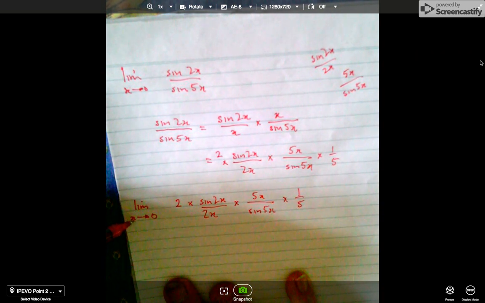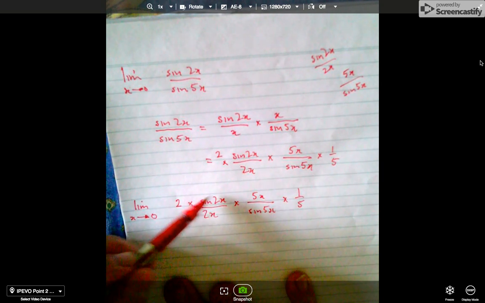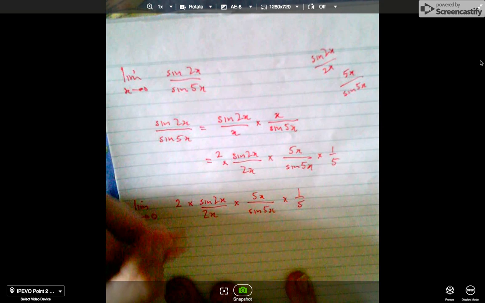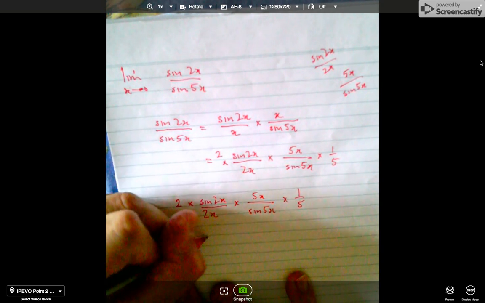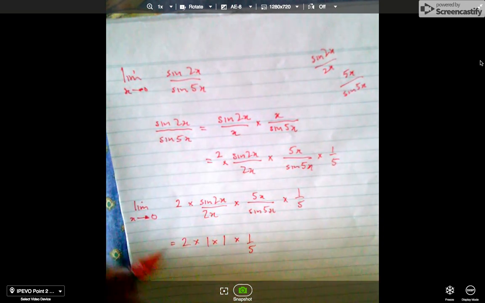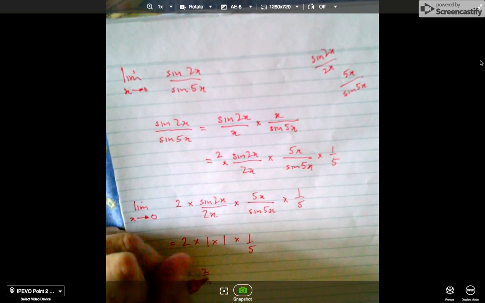And what is this the limit as x tends to 0? What happens to this thing? This becomes 1. What happens to this? It becomes 1. So what we get is 2 times 1 times 1 times 1/5, which is obviously 2/5. And that's it.